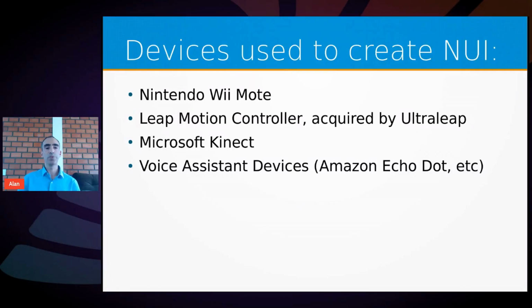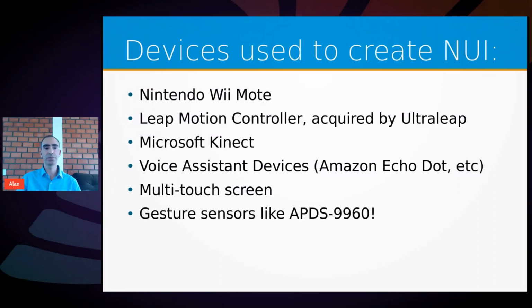As I said before, a voice assistant device can also be an example of a natural user interface. So when you interact with Alexa, actually you are using a natural user interface. Also, the multi-touch screen, when you zoom in or zoom out, you are also using a natural user interface.